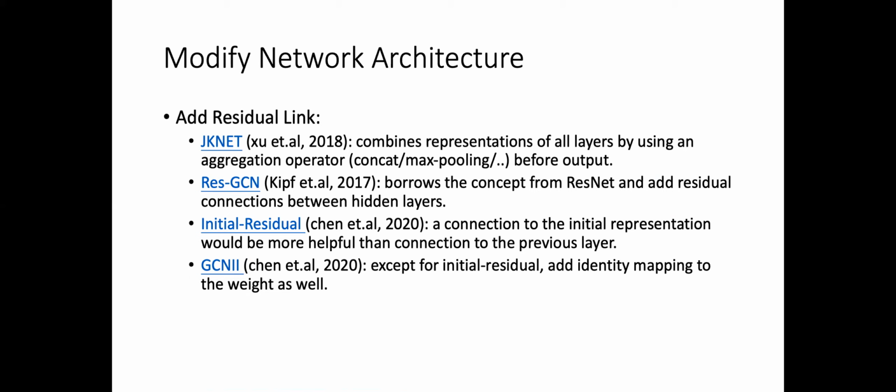As shown in the work of this 2020 paper, a connection to the initial representation will be more helpful than adding the connection between the two connected layers. And the last way to add a residual link is GCNII, which is a recent work and which is also the work I will introduce in detail in the following. So for this GCNII, besides the initial residual, we also add the identity mapping to the weight as well.